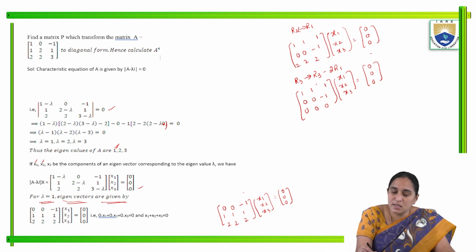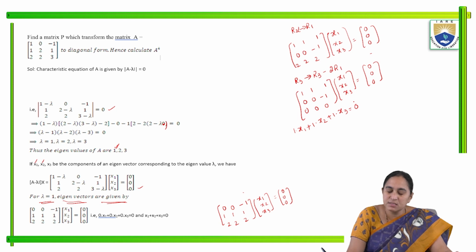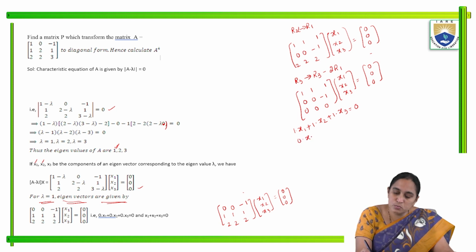Whatever the first row 1, 1, 1 multiplied with the column gives 1 into x1 plus 1 into x2 plus 1 into x3 is equal to 0. Similarly the next one: 0 into x1 plus 0 into x2 minus 1 into x3 is 0.